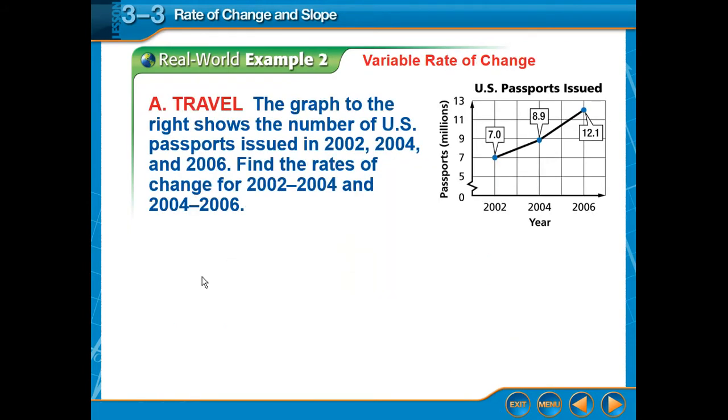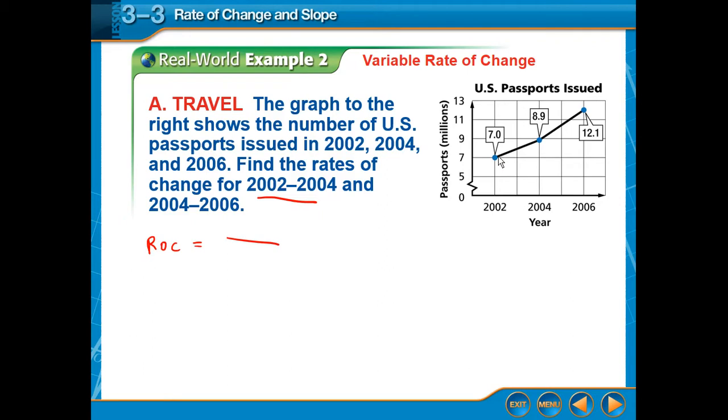Here, the graph to the right shows the number of US passports issued in 2002, 2004, and 2006. We want to find the rates of change for 2002 to 2004. The rate of change is going to be the change in the dependent variable. So this is our dependent variable, the number of passports depends on what year it was.